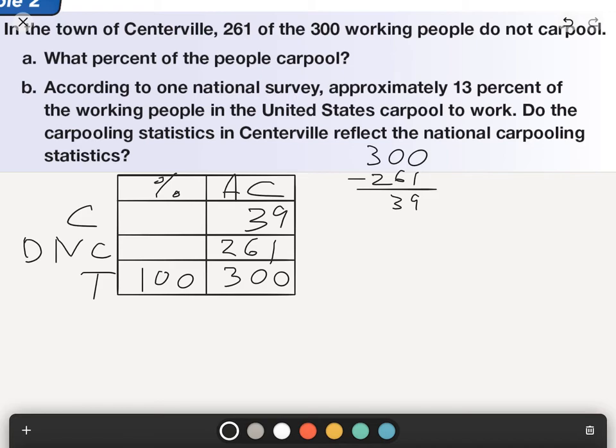Okay. So, this one can be, so, you know, we have what percentage? Well, we've got percent carpool and percent not carpooling. Mr. Petrie, it says actually in the B. Okay. Yes. All right. So then next we are going to make our ratio. I got a little ahead of myself.